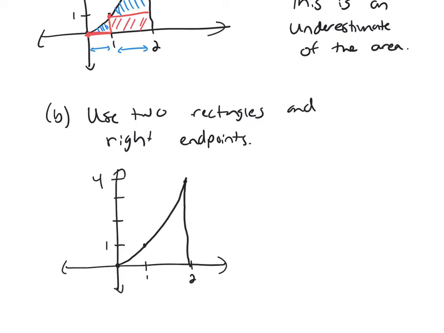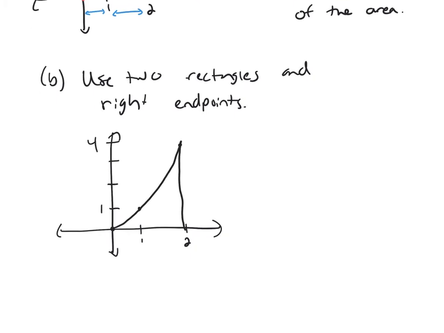Here's my region. And so again, I'm going to have 2 rectangles, a rectangle from 0 to 1 and a rectangle from 1 to 2. But now I'm going to choose the right endpoint in each chunk. So in this first chunk right here, 0 to 1, I'm going to pick the right endpoint, and that's going to be the height of my rectangle. The same thing for 1 and 2. I'm going to pick the right endpoint, which is 2 here, and then I'm going to make my rectangle.